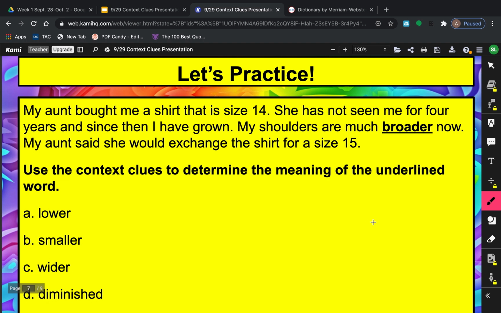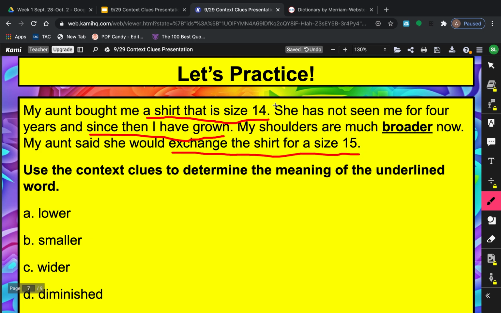So it says, "My shoulders are much broader now. My aunt said she would exchange the shirt for a size 15." So I'm going to underline here where it says she bought a size 14. Since then I have grown. And I'm also going to underline where it says she would exchange the shirt for a size 15.